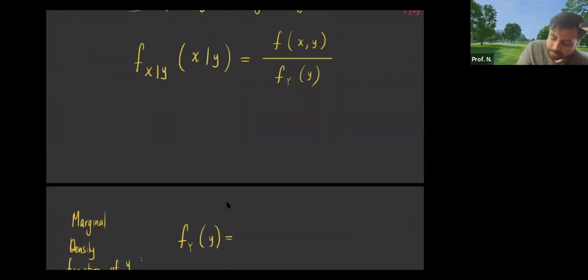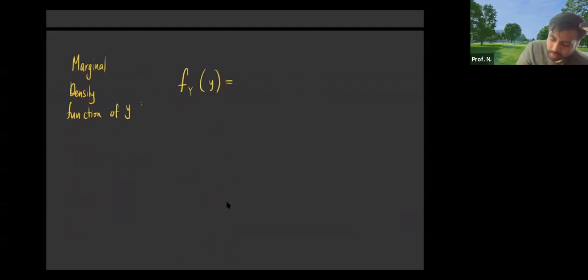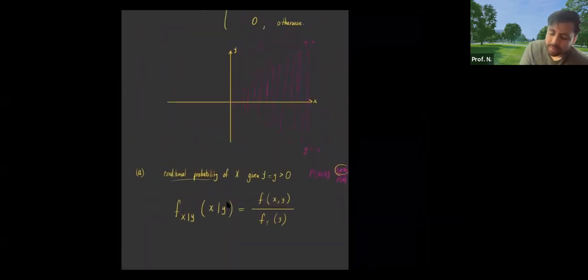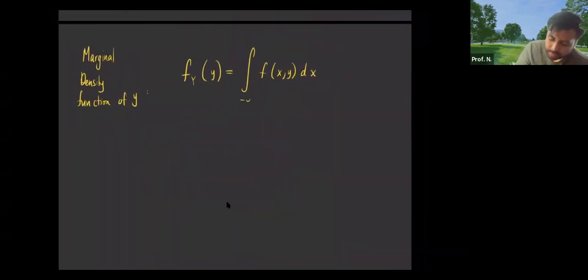So I want to know, what's the marginal density function of y? Remember, to find the marginal density function of y, you have to integrate the joint probability with respect to x, and we go from negative infinity to infinity.